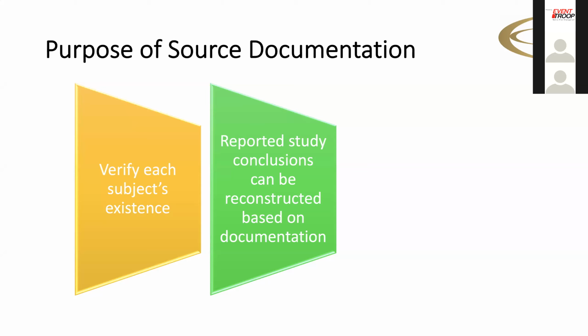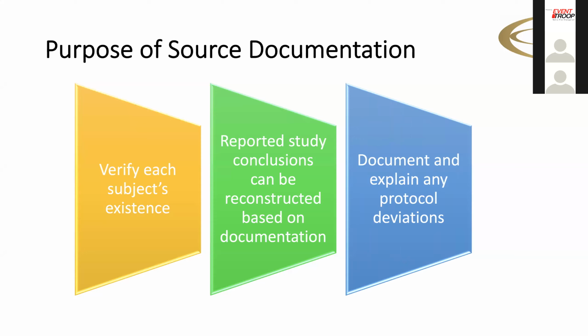It contains exactly what happened in the clinical study. And also, source documents can help us explain if there were any protocol deviations, why they occurred. If we deviate from any protocol procedure, that has to be documented as well. Everything we do in clinical research and a clinical study must be documented.